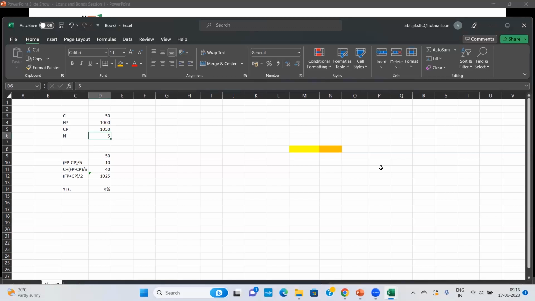Correct, so it will give you YTM. That's why you got 4.39, right? So it is actually 3.9, which is the YTC, and which is a lower one.